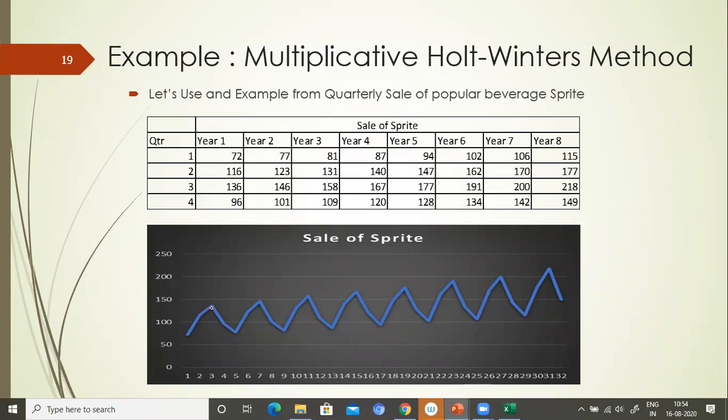Yeah, so this peak happens in quarter 3, then it is followed by a peak in 7, and so on. So we will try to see if there are quarterly indices that are there.